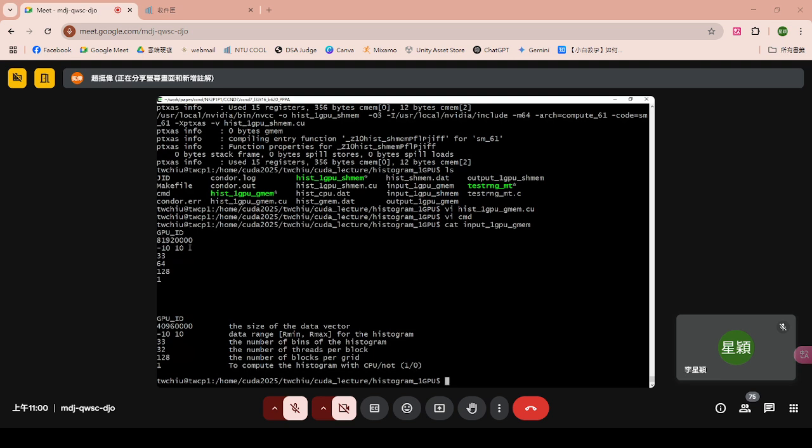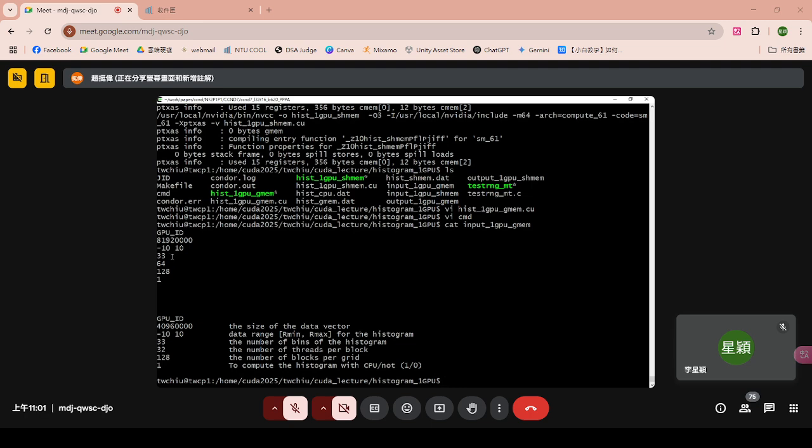Then I just set the data range to be R min and R max. And the number of bins of the histogram is 33. This number can be changed.